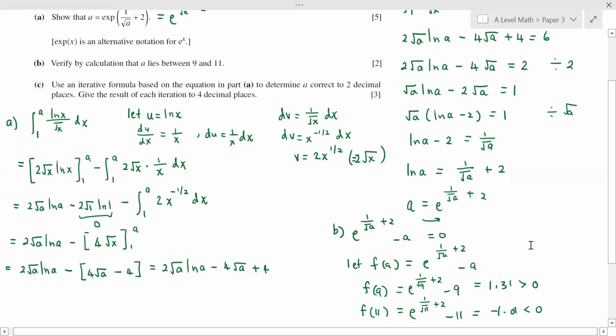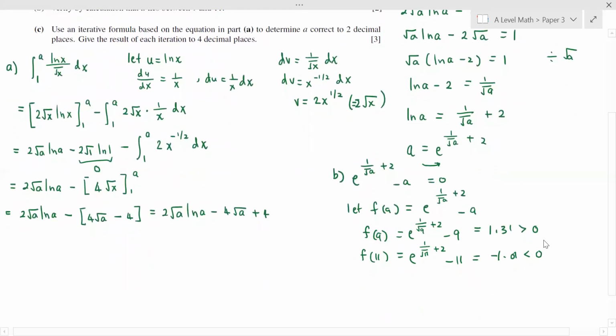This is less than 0. Since f of 11 is less than 0, and 0 is less than f of 9, a must be in between 9 and 11. That is for part B.